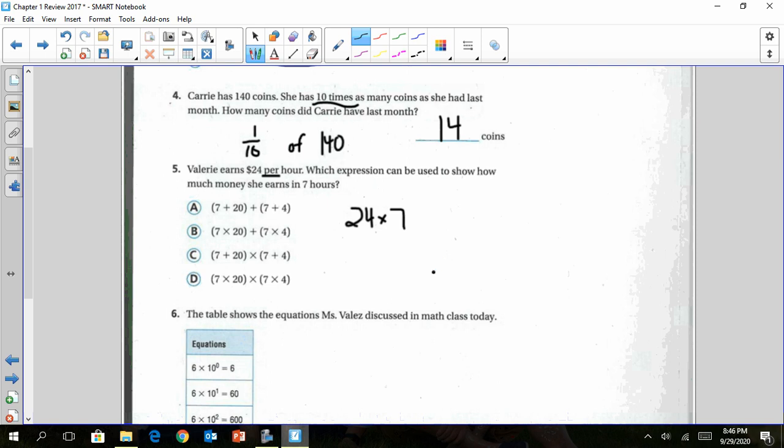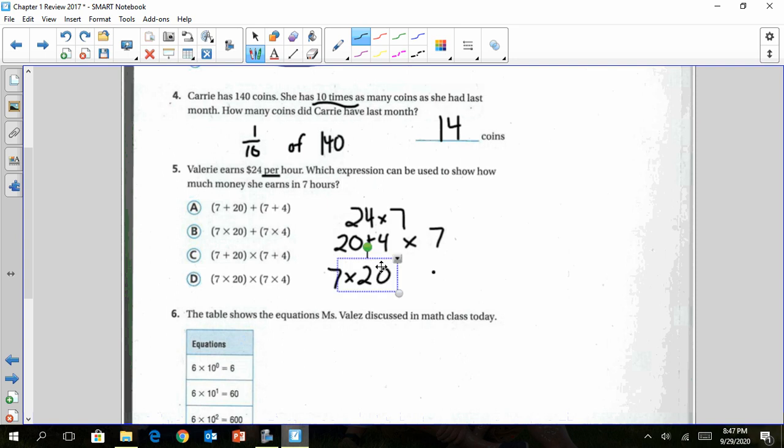When we're working the distributive property, we want to break 24 apart into 20 plus 4. And then we're going to multiply that by 7. So we want to multiply each part by 7. So we want to do 7 times 20.